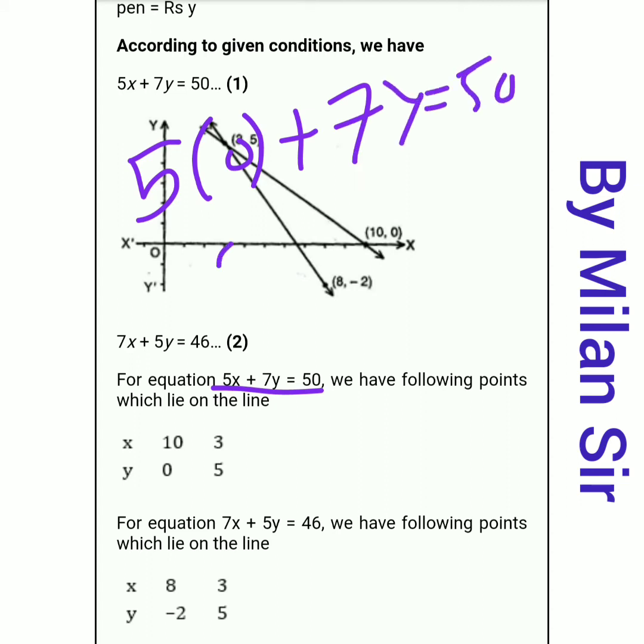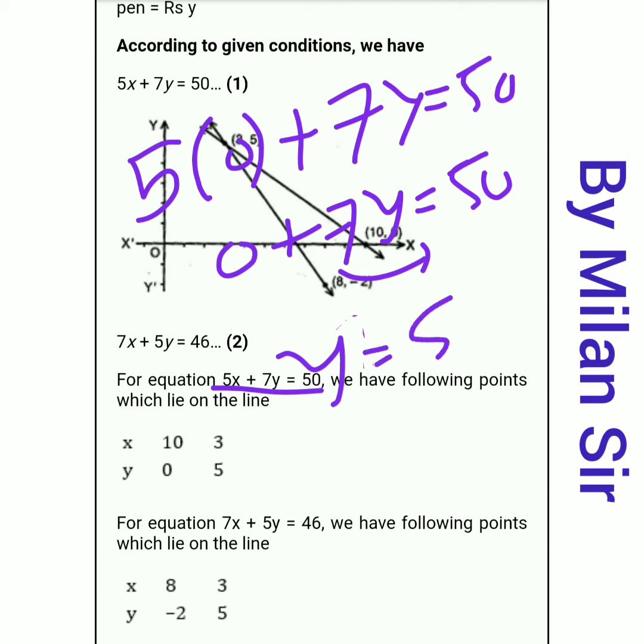Okay, 5 into 0 is 0. So here 7y is equal to 50. Now transfer this 7 to the right hand side. So y is equal to 50 by 7. It is not a whole number, right? It is not an integer. That's why we do not consider this point, x is equal to 0.